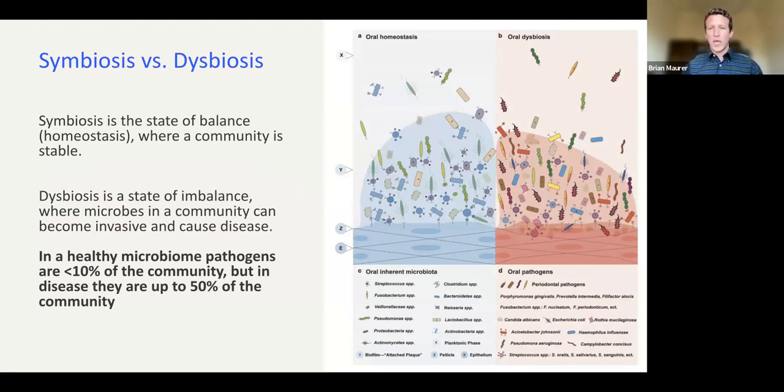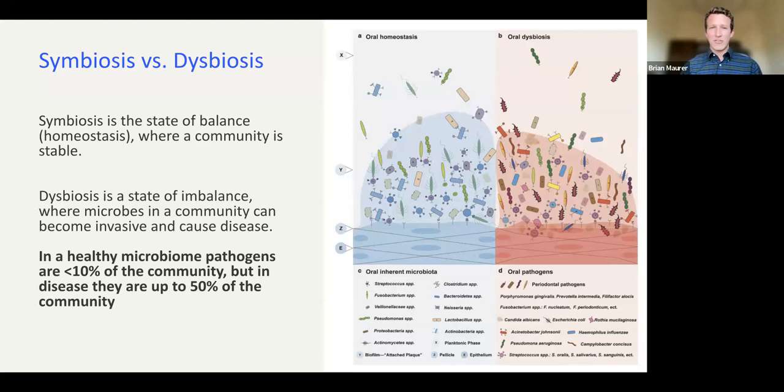And when a microbiome is healthy and happy, you can imagine it like a garden where we have a number of different types of plants. We have shrubs, we have grass, we have apple trees, and they all colonize and behave as a community and work together. And it makes it difficult for things like weeds or other unwanted plants to sprout up and start taking up space.